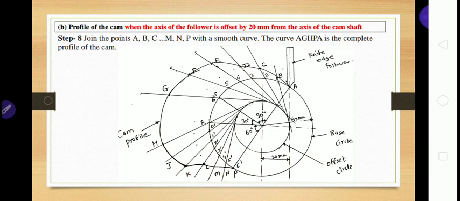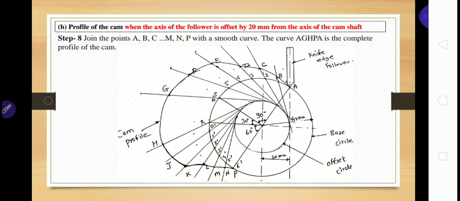And now one more question student ask. Suppose why you have drawn this AOS angle towards left only? Why you have not drawn that AOS angle towards this right side? All angles every time you are drawn in this side. So here we are assuming that this cam is rotating in clockwise direction, that's why we are showing all the angles towards this left side.